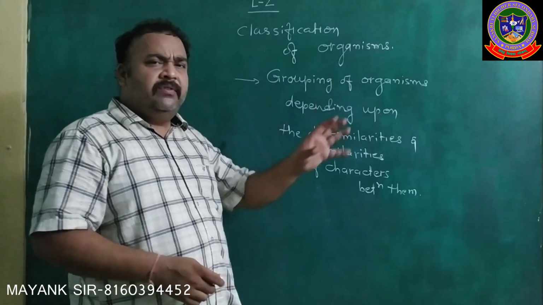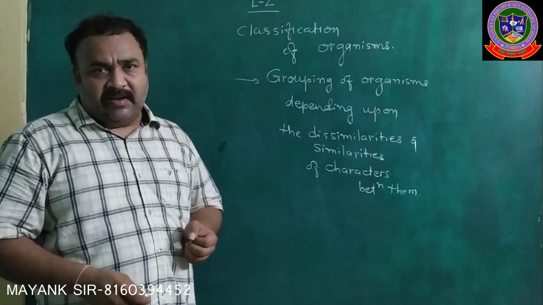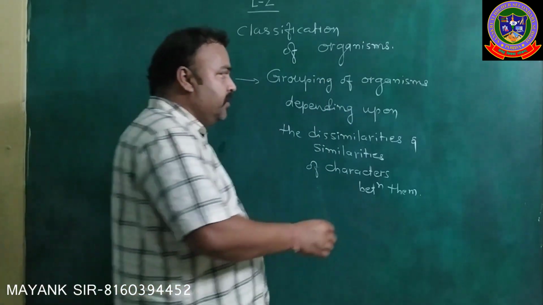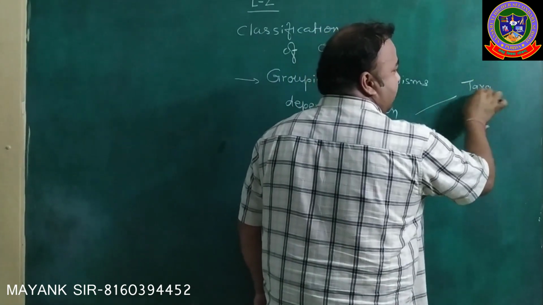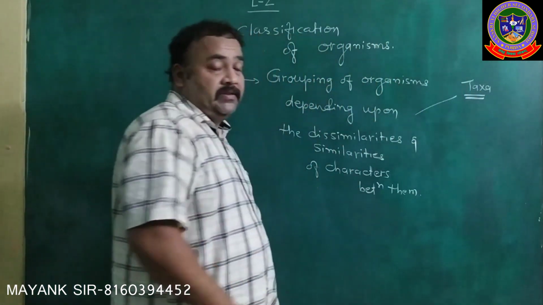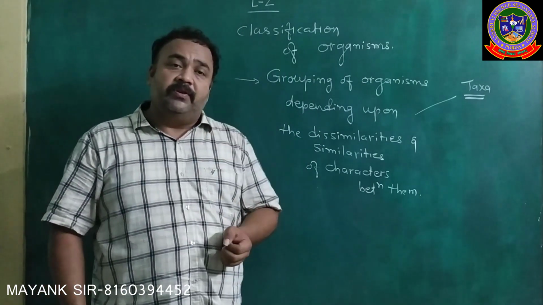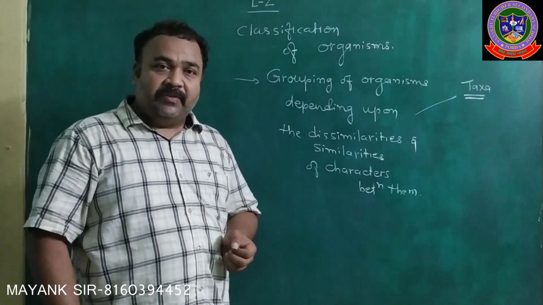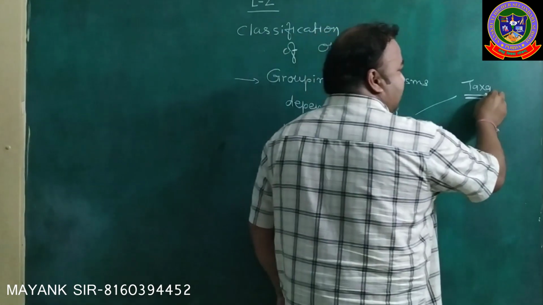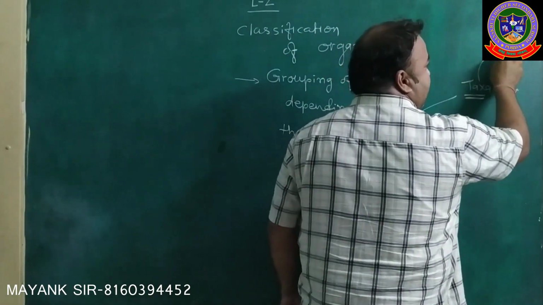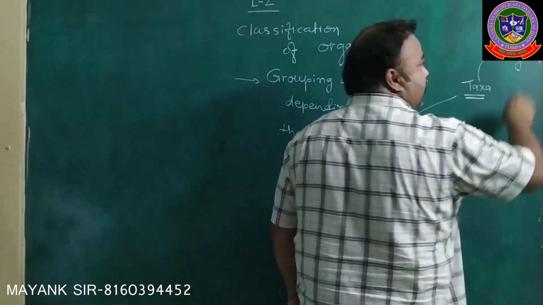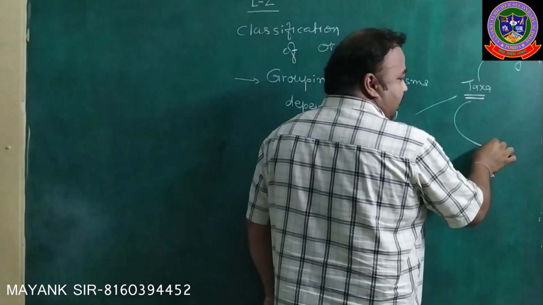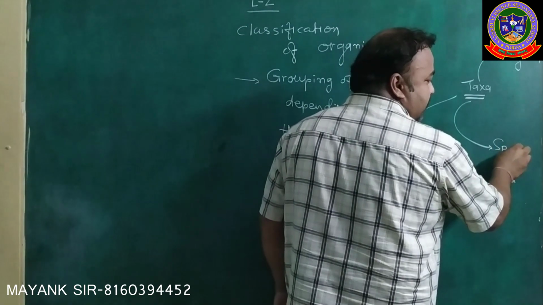And whatever the naming of the group is done among them is called taxa. We know that the group denotes a taxa, and the largest taxa is the kingdom, and the smallest taxa is the species.